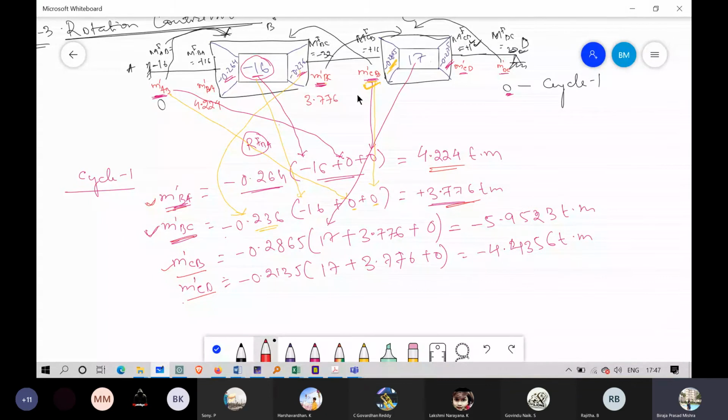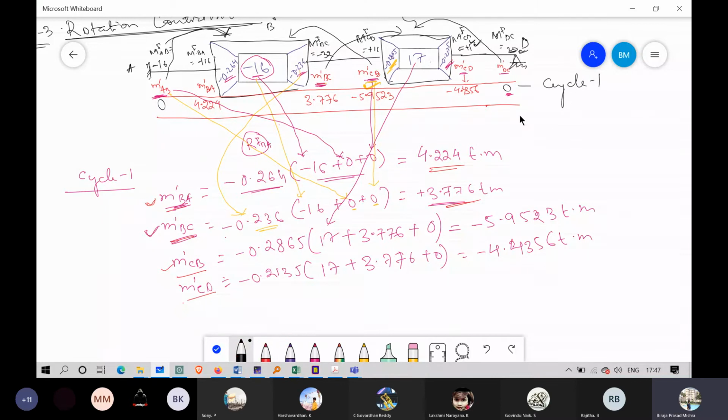This is minus 5.9523, and this value is minus 4.4356. So this is cycle 1.